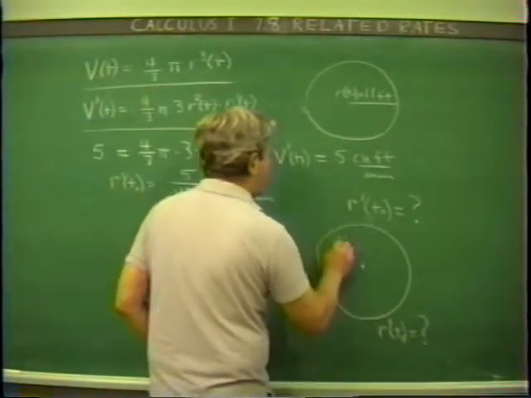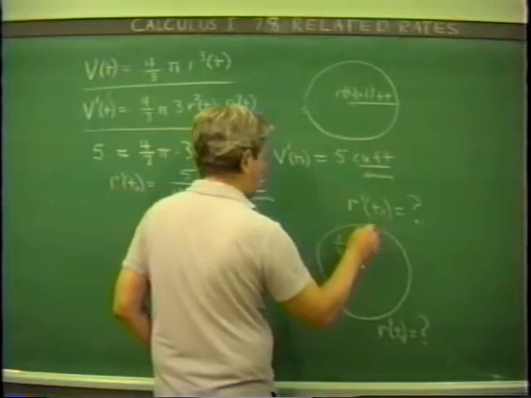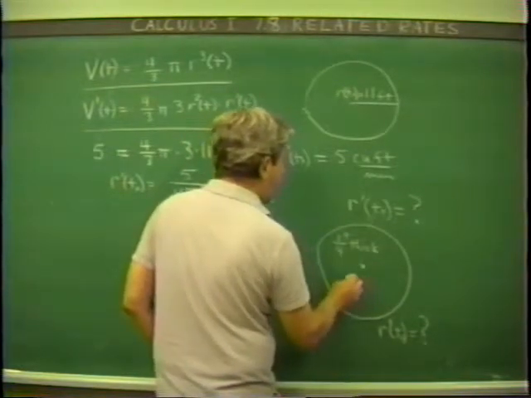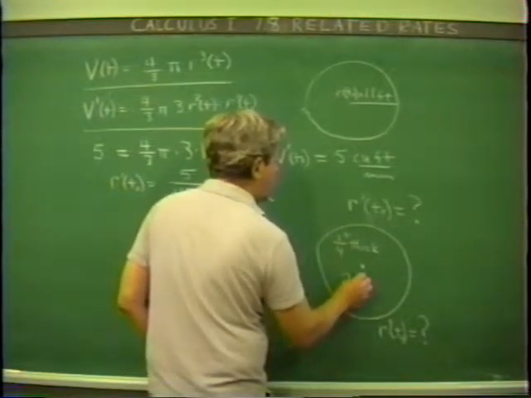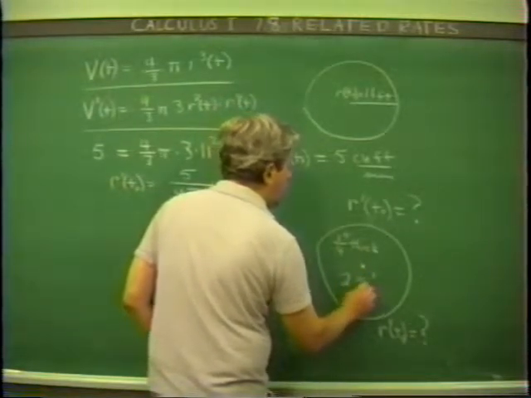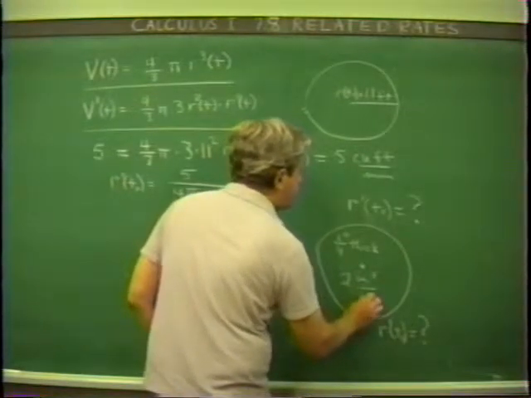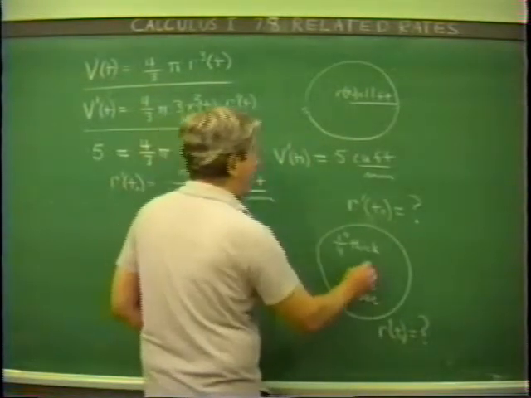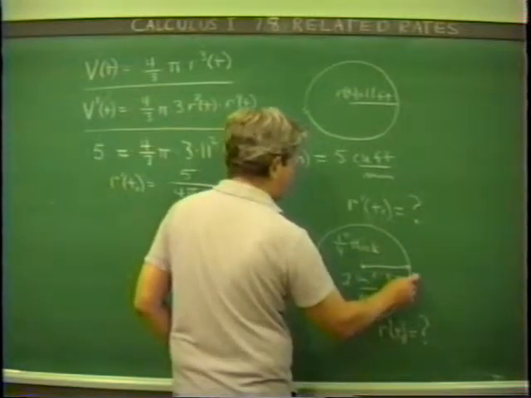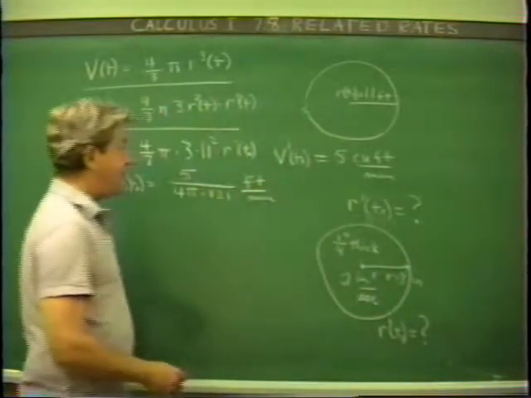Let's say that this is a pancake which is forming and that its thickness is always 1/4 of an inch thick. And let's suppose that the pancake is being poured, let's say, at 2 cubic inches per second here. And we're interested in knowing how fast the pancake is increasing when its radius is equal to 3 inches.